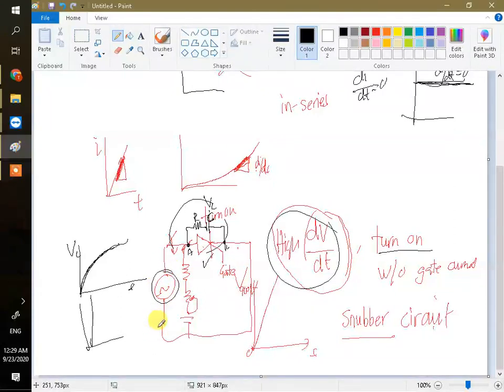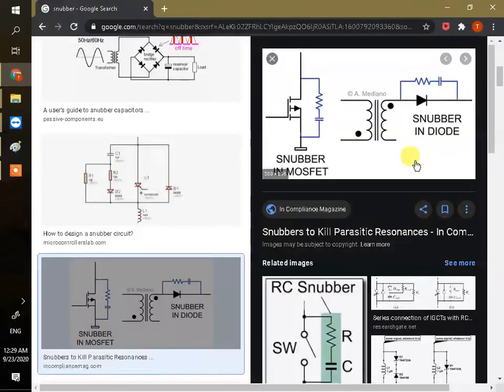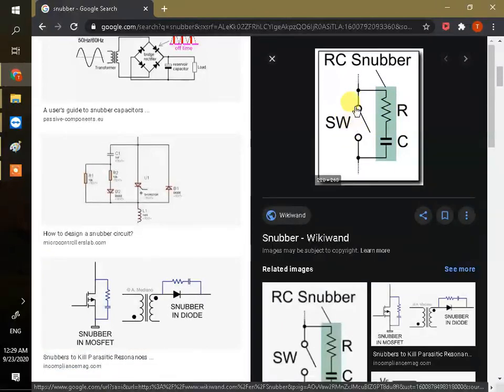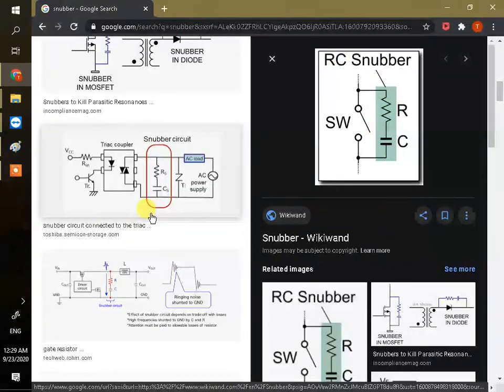If we suddenly apply a high voltage, it will turn on. So if you use the RC circuit here, this is a switch, right? This is our transistor. You put the RC circuit here. It is called the RC snubber circuit.